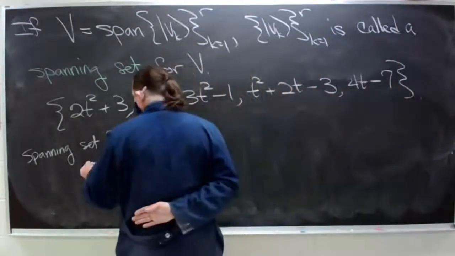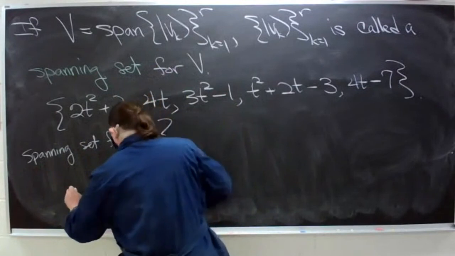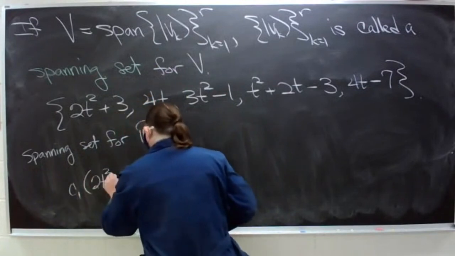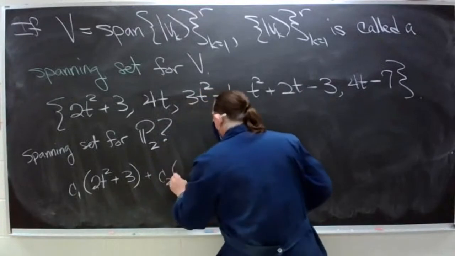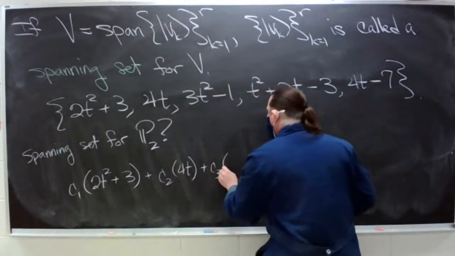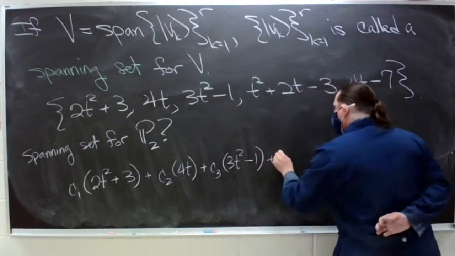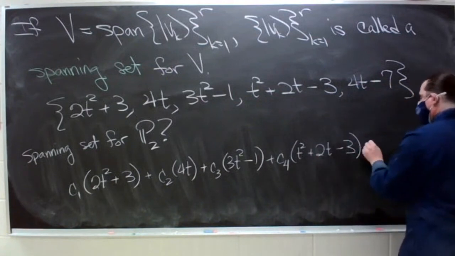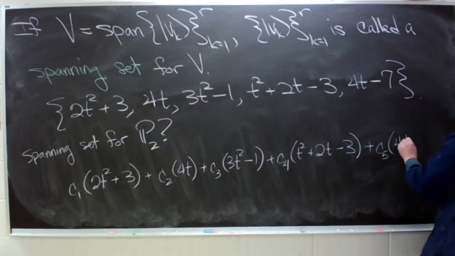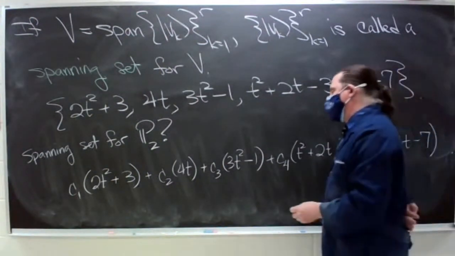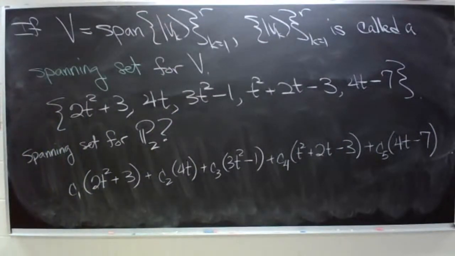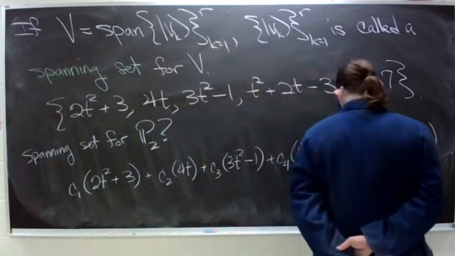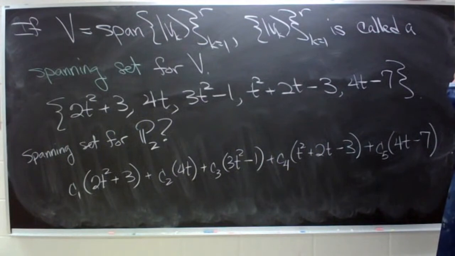So what I could say is, I've got these, and I want to add them all together and see if I can make an arbitrary polynomial of degree 2 or less.